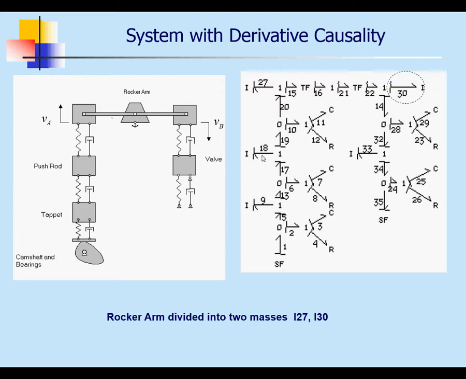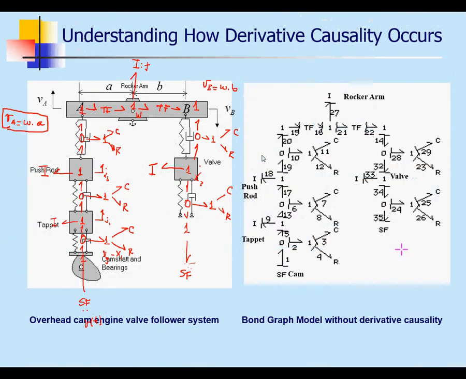Now we are going to create a situation where we have a derivative form. You see in here the difference between this and the original one is that in the original example we had considered this beam as a rotational element only.